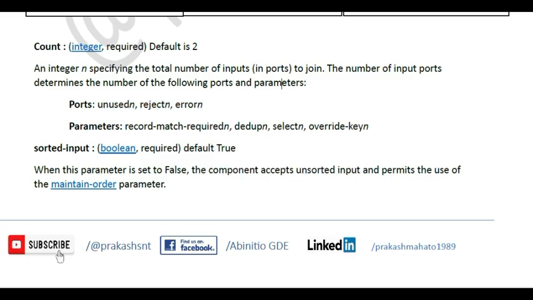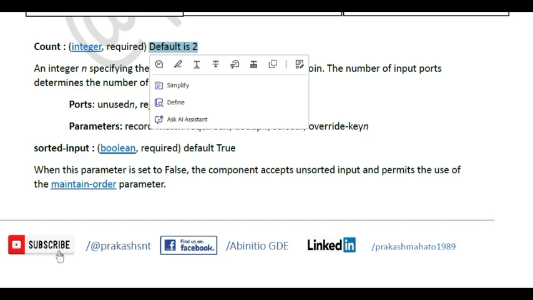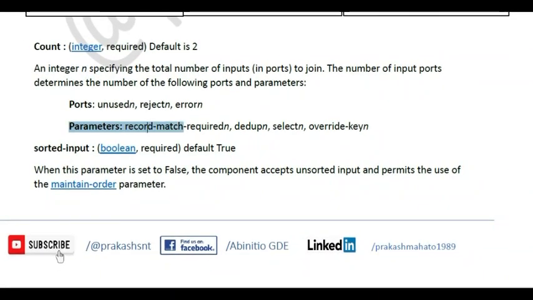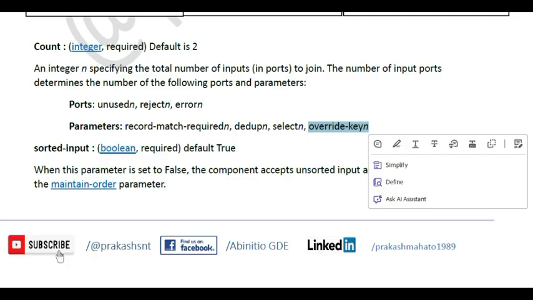Let's suppose you have defined a count value of 5, then 5 ports will be generated. The parameters will also increase based on your count. If I have defined 5, then record match required will be 5, the dedupe parameter will also be 5, the select parameter will also be 5, and override key will also have 5. So these will increase based on your count value.